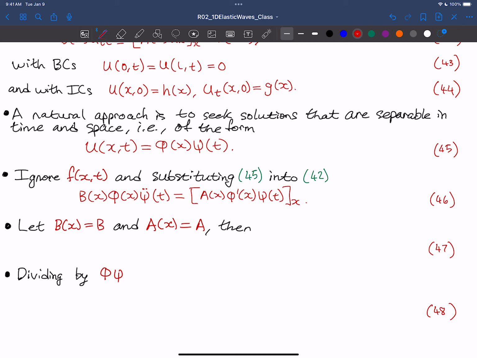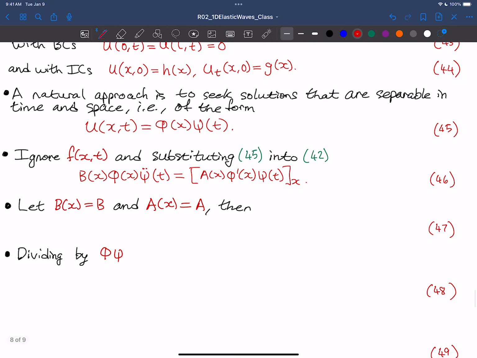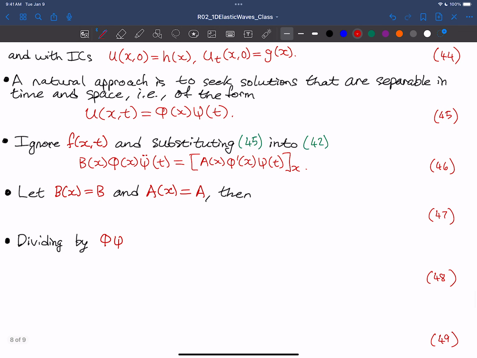We're going to also set B equal to a constant B, and A equal to a constant A. That would just simplify it, and in this class we won't have to deal with any spatially varying mass distribution or tension or elastic modulus or areas. So in that case we end up with B times phi times psi double dot, which is then equal to A times phi double prime times psi.